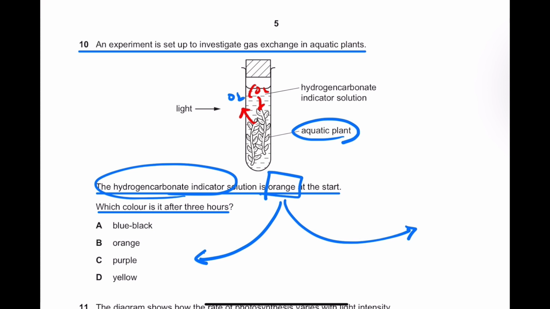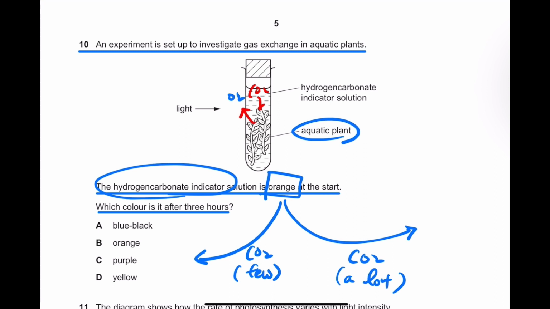So if there's a lot of CO2, let's say a lot. There's like few molecules, CO2 molecules. If there's less CO2, it's going to change the color into close to the purple. Okay?